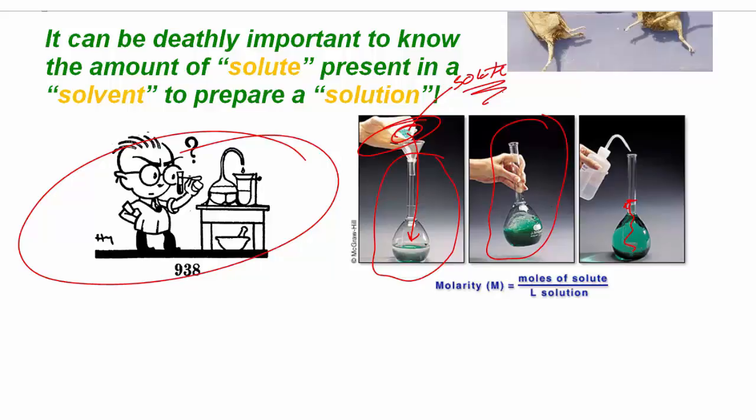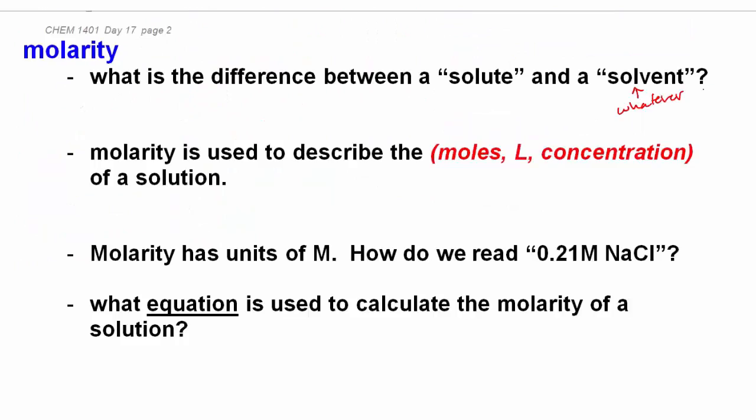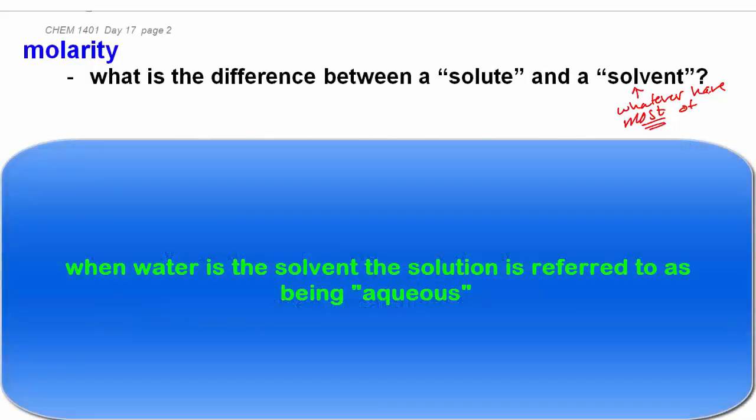Whatever you have the most of in a solution, that's the solvent. So you can have a whole bunch of things dissolved in water, but it's mostly water, so water would be the solvent. When water is the solvent, it's called an aqueous solution.